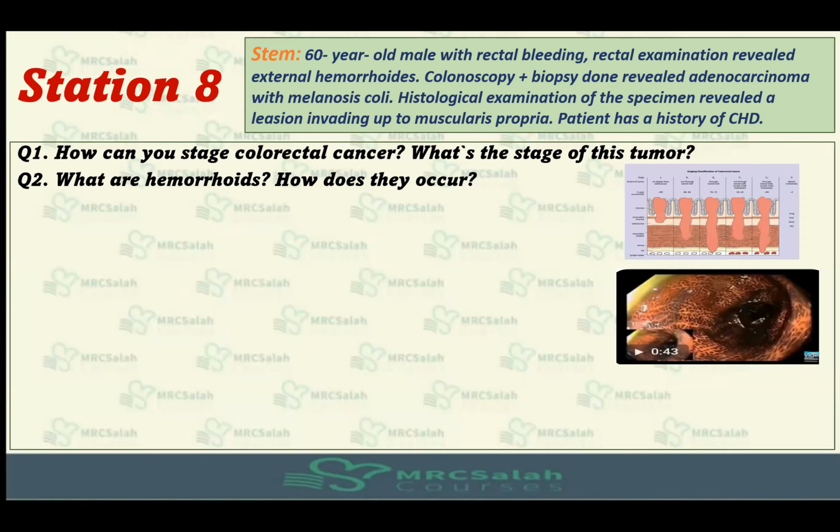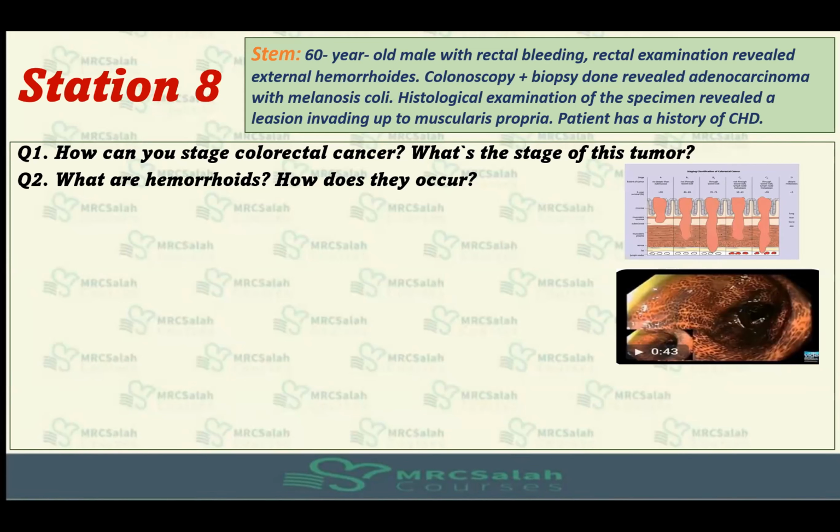What are hemorrhoids and how do they occur? Hemorrhoid, it's swollen or inflamed anal cushions. Okay, how do they develop? They develop when the anal cushions, which function normally, return to their proper sites within ligaments, which are fibromuscular ligaments.